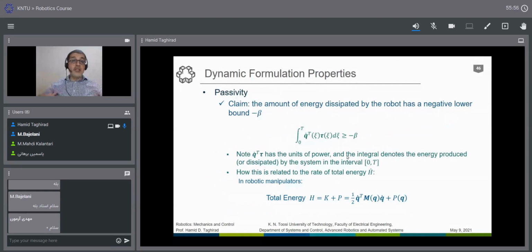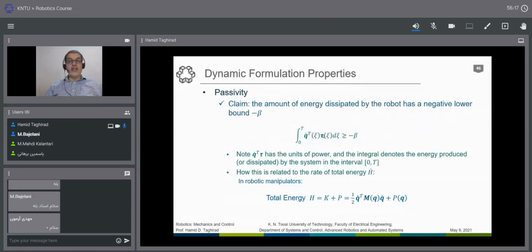If it is producing energy, the system might become unstable. If it is always dissipating energy, then the system becomes stable. And we show that this is always greater than a negative number. So it could be very easily used.